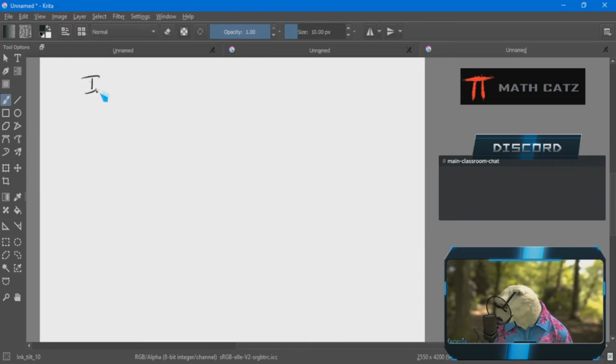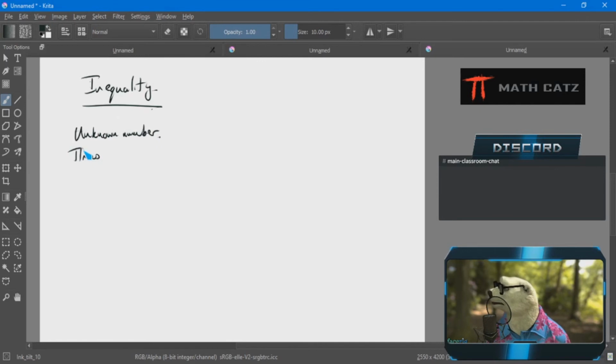And that is, what is an inequality? Let's think about the English version of our 2x plus 1 equals 15 equation. We thought about an unknown number, a mystery number. We times it by 2 and add 1, and we get 15.